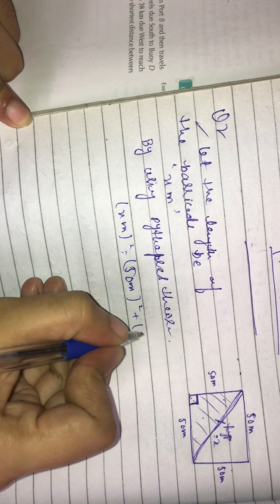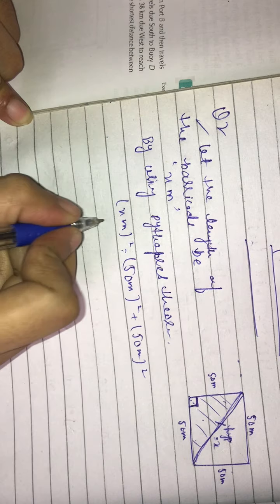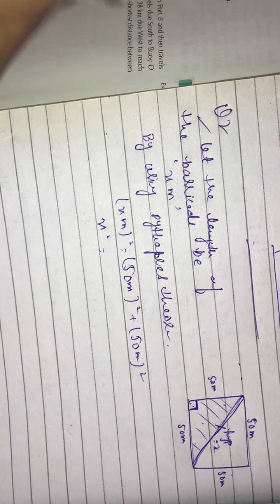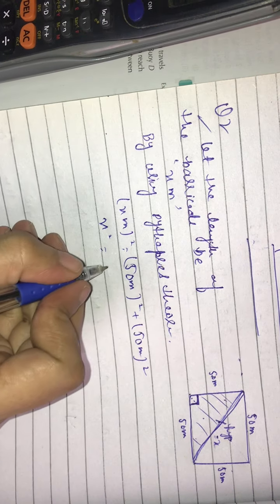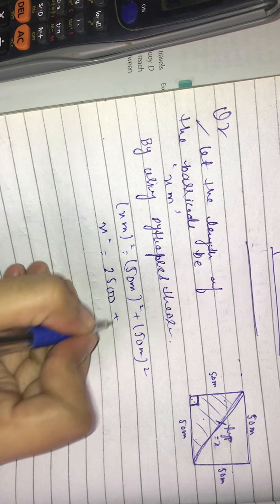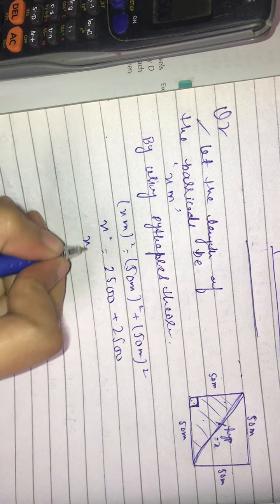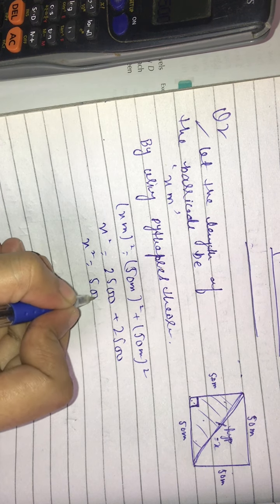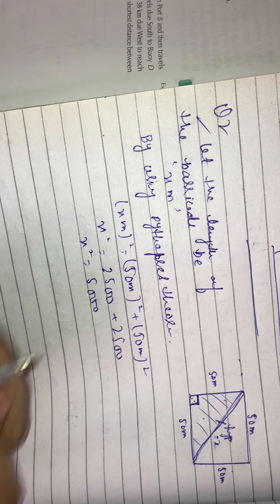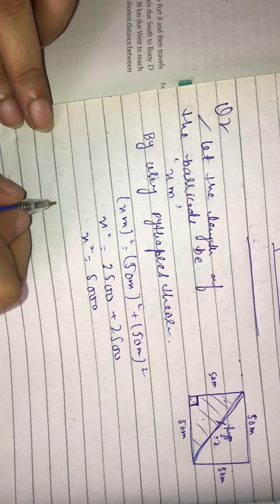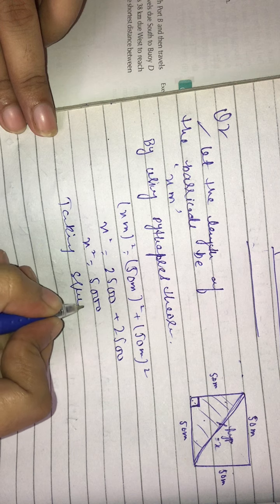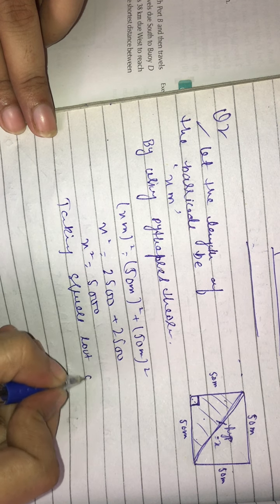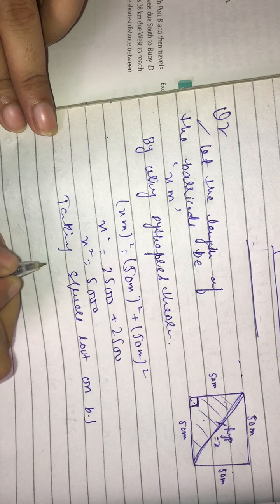50 meter squared plus 50 meter squared. x squared equals, now we open the square, 50 squared, then we get 2500 plus 2500. Now we add this, then we get 5000. Now we take the square root on both sides.